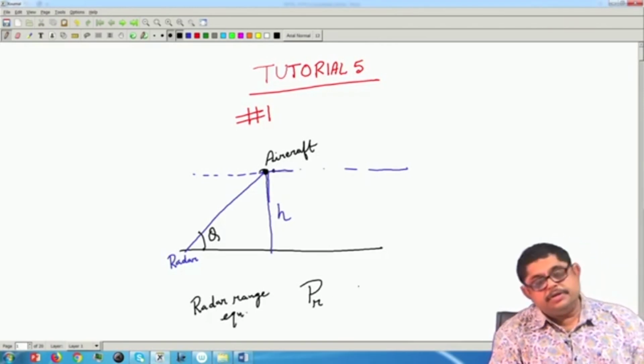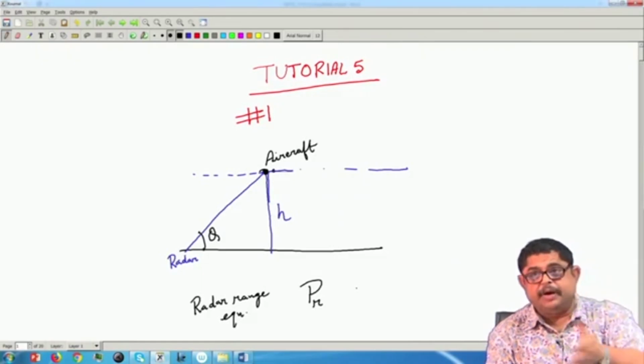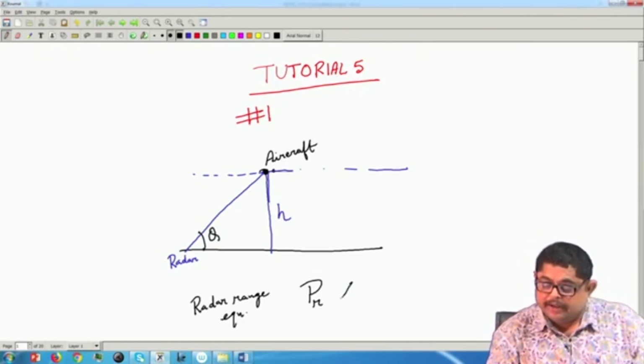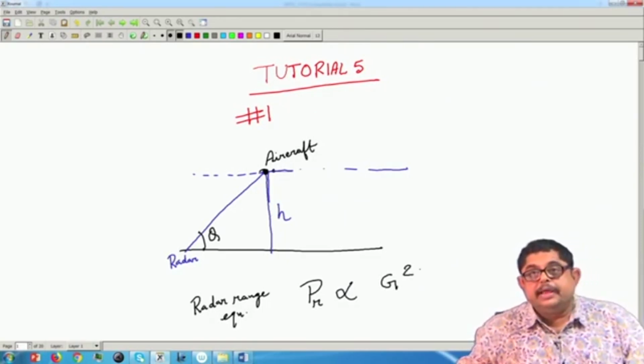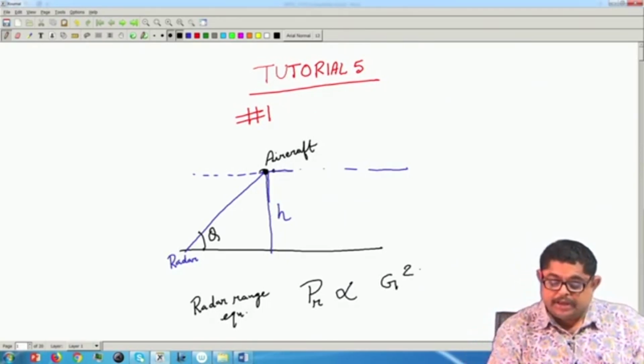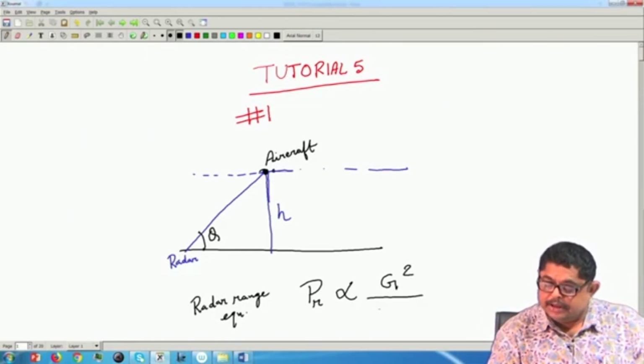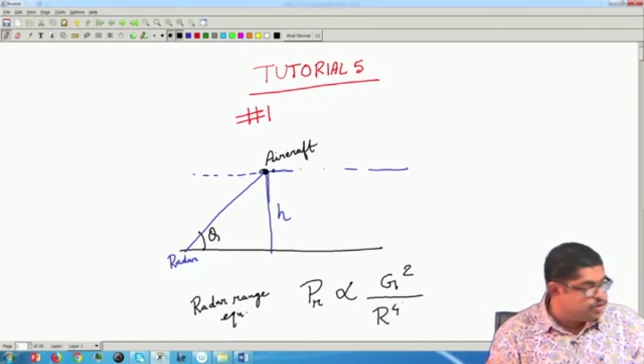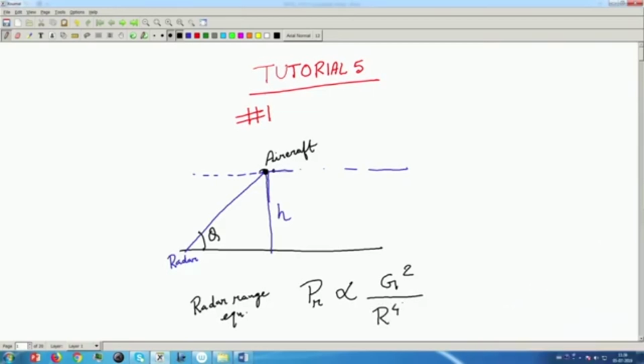PR is obviously proportional to transmit power etc., but those are not varying. I can say that it is proportional to the gain of the antenna squared, assuming a monostatic antenna, and it is inversely proportional to r to the power 4, where r is the range.